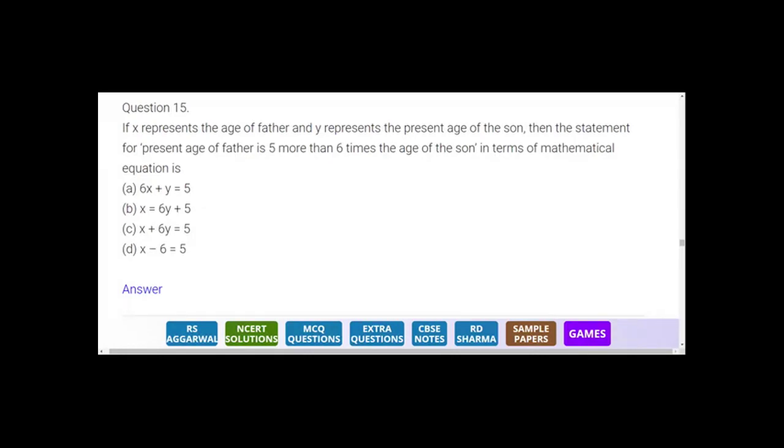X is equal to 5 more than 5 plus 6 times the age of son. Ma'am, option A.